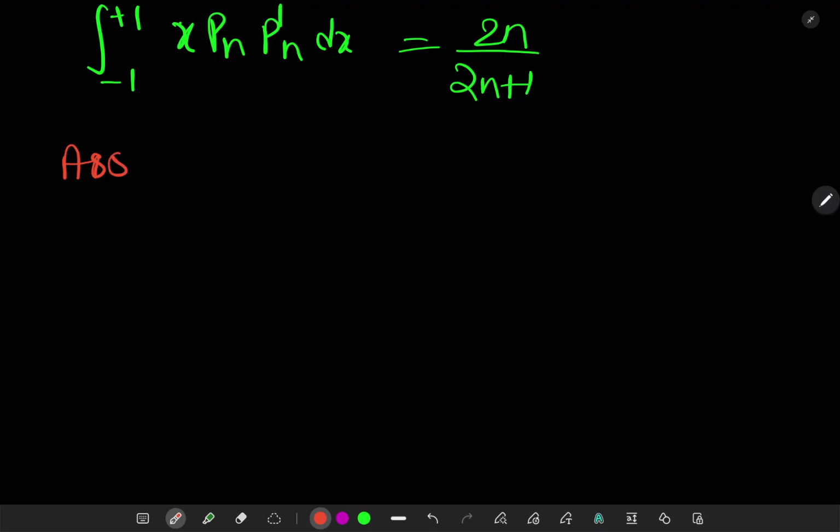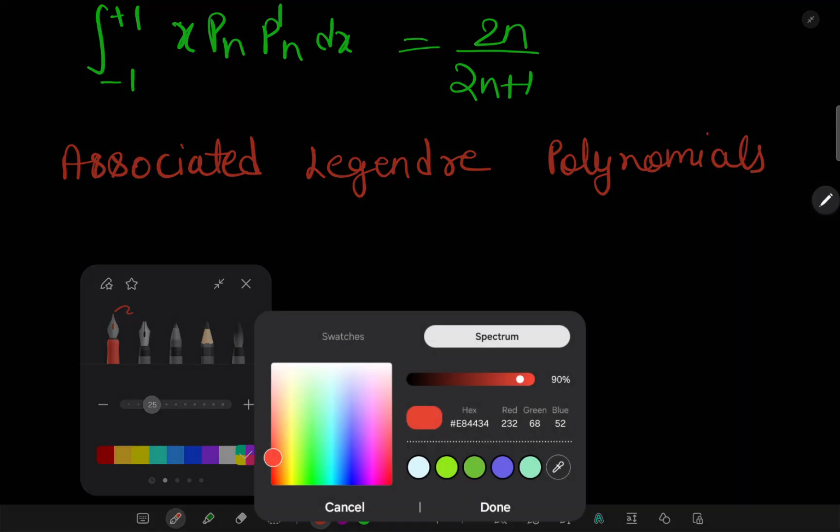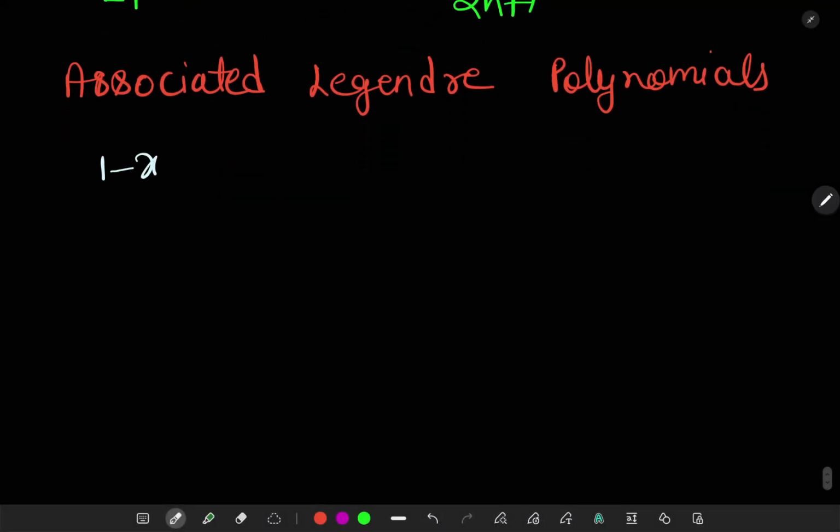Now, associated Legendre polynomial. This is the differential equation of associated Legendre polynomial.